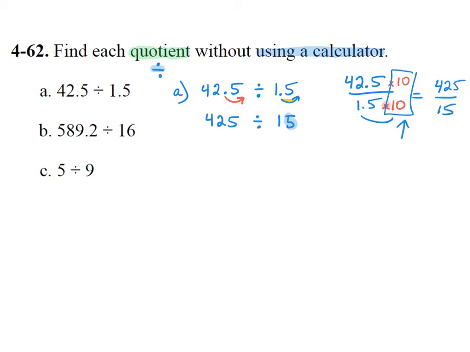So now setting up the long division. 425 has three digits, so we put the decimal after the 5. On the top we would know where the decimal will be, and every number has its own place value, so that's very important when you do long division. And then we're dividing by 15.